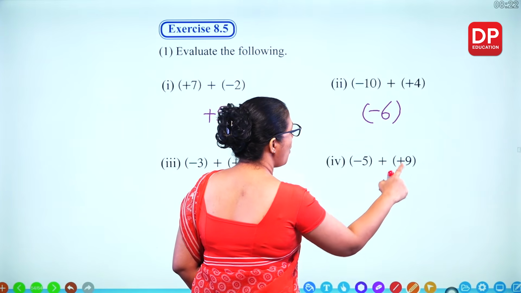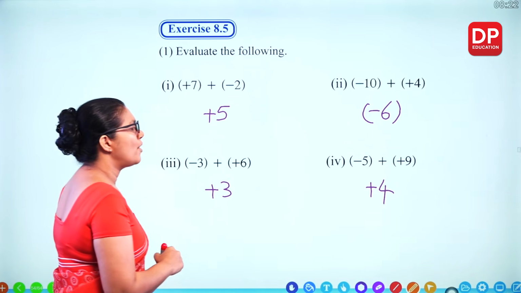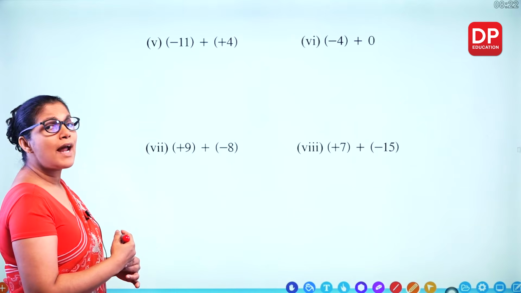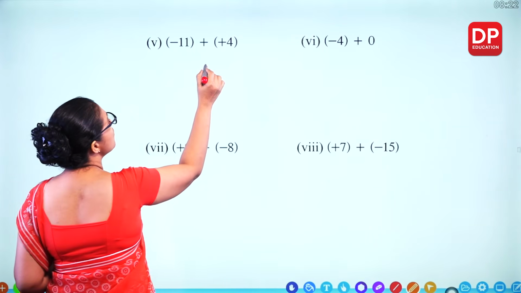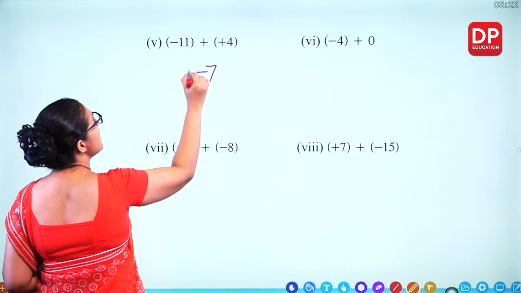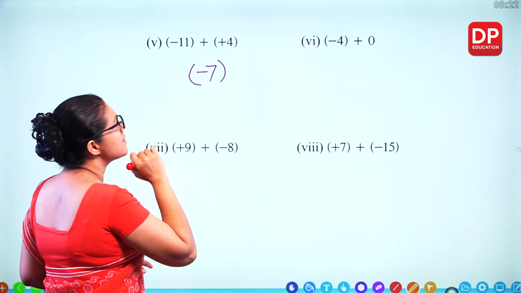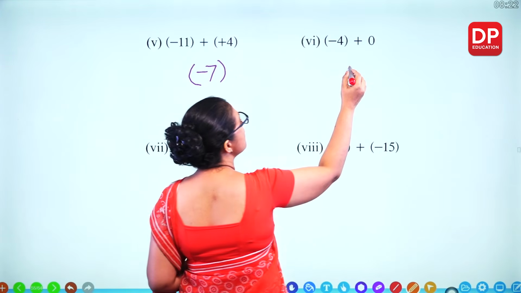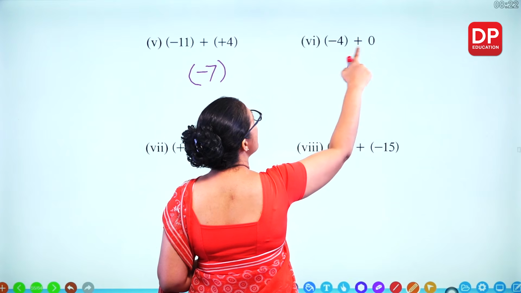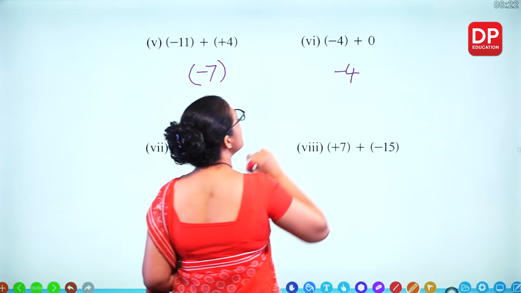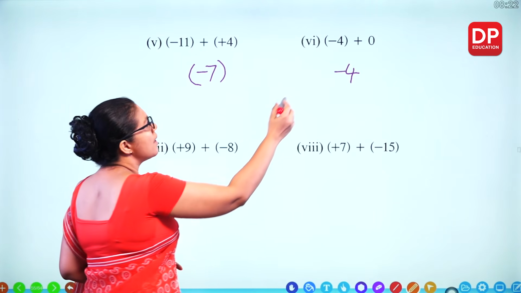Difference is 4. Larger number is positive. 11 and 4. What's the difference? You get 7. Larger number is negative. So negative 7. 4 and 0 difference is 4. Larger number is 4. So that's minus 4.